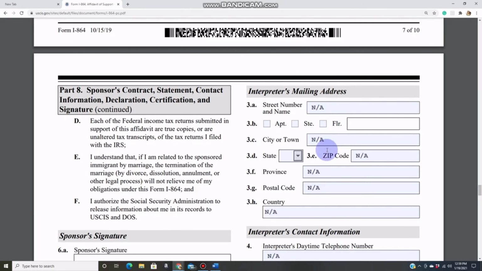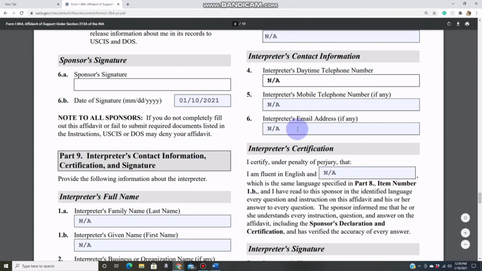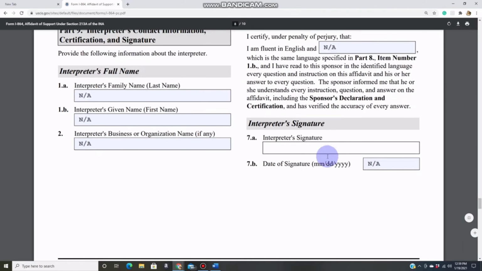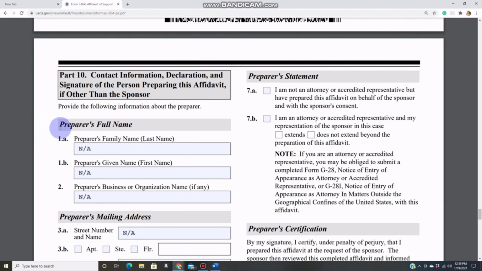And also the address and the contact information of the interpreter. But if your sponsor has an interpreter, you must write down the sponsor's interpreter information in the space provided. Okay? In Part 10, this is the preparer's full name. So since my derivative applicant's sponsor does not have a preparer, I write in NA in this space provided.